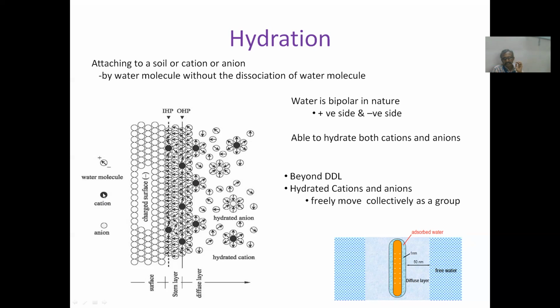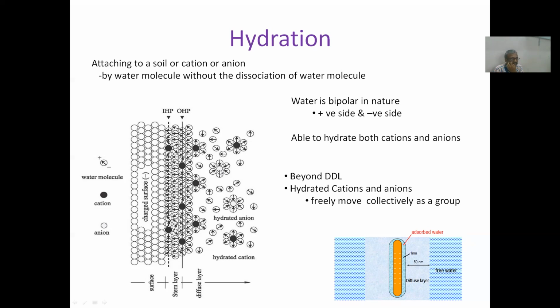So here this is a clay surface, and the legend is: darker, filled circles are cations, non-filled are anions. Look here, this is an anion.